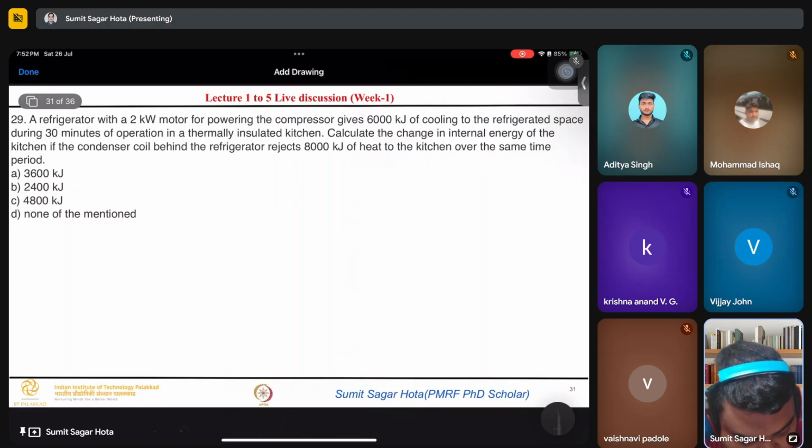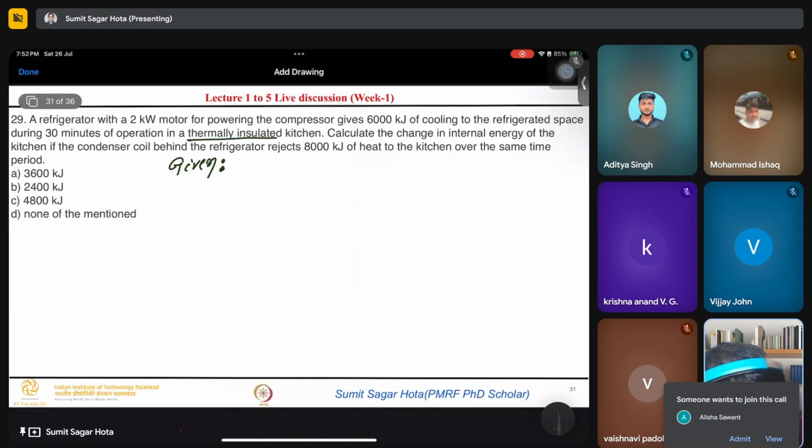So just write down what things are given. In the question it's written thermally insulated kitchen.